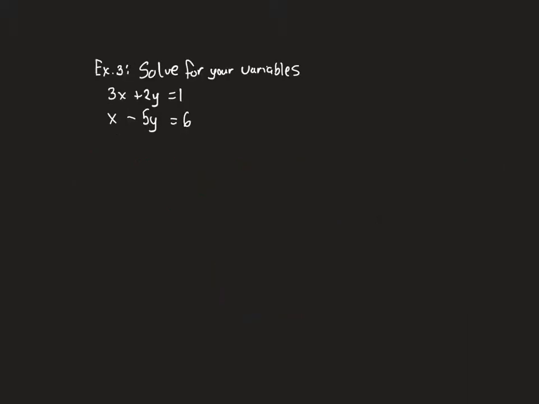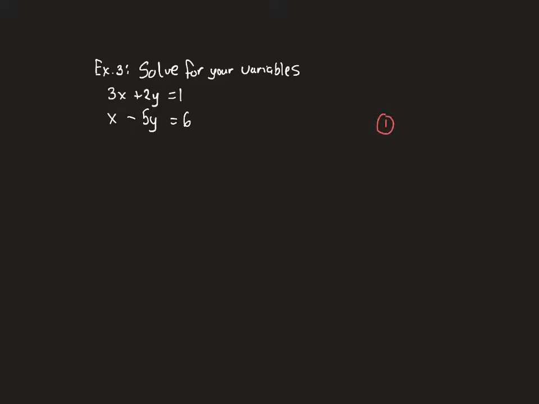Okay, so you can see in this example, it's not as straightforward as the other ones, as I keep saying in every single example. So every example keeps getting stepped up, stepped up. So in the other 2 examples, you always had one of your variables by itself already. So that gives you a little bit of a hint there of what your first step should be.